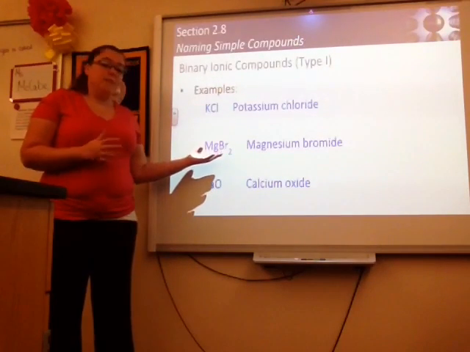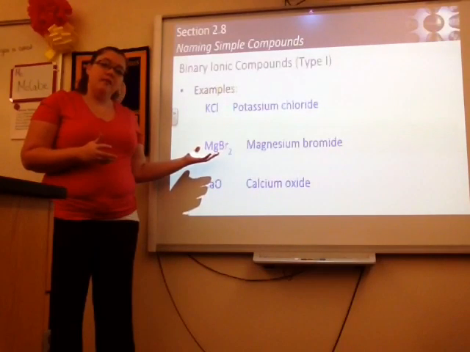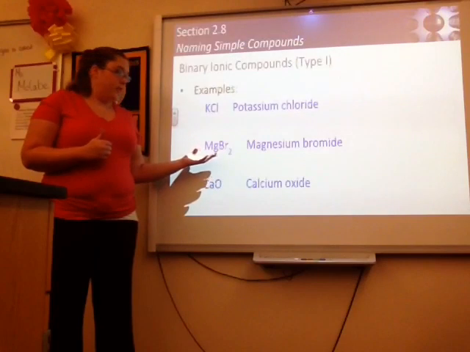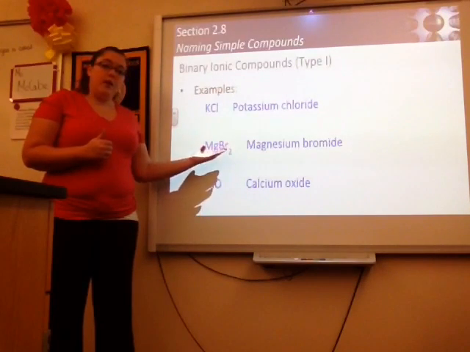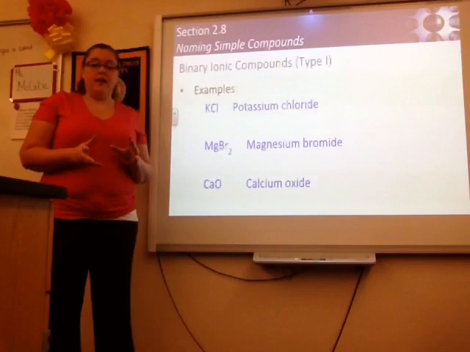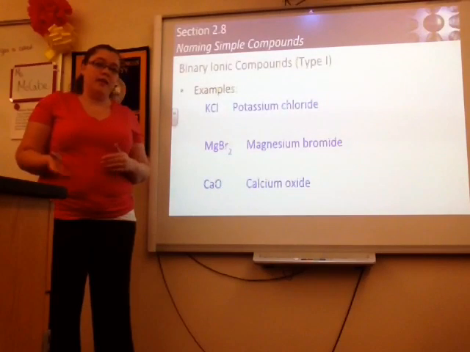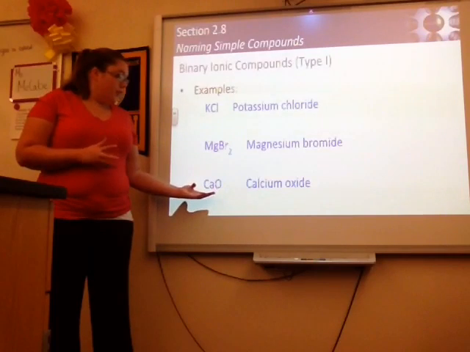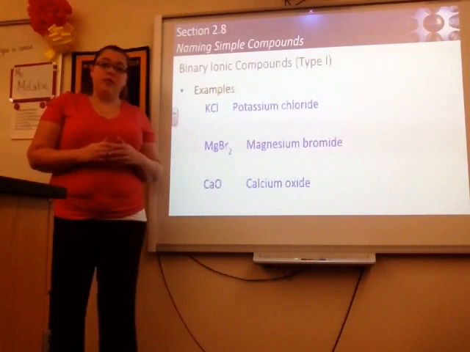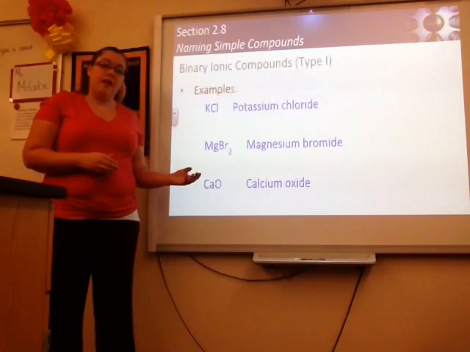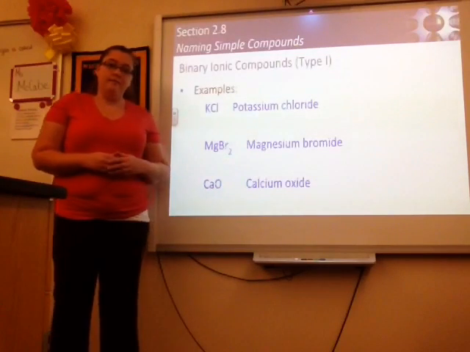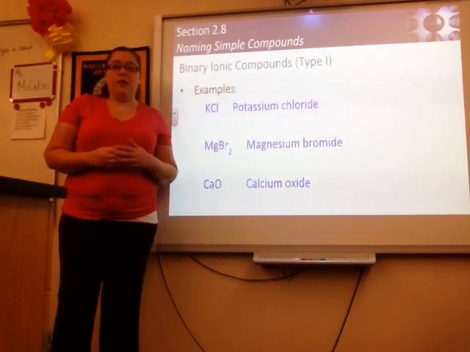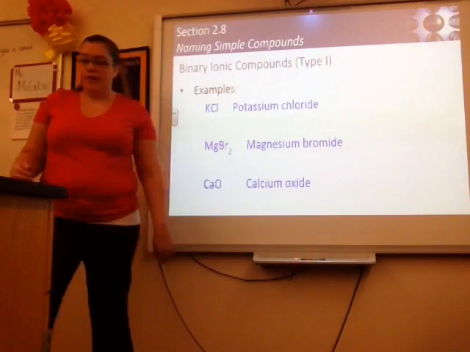It doesn't matter in your type 1s that there's more than one atom of an element here. We will get into that later with type 2 and type 3. Your third example is CaO. Calcium keeps its name, and then oxygen turns to oxide. Those are your metal-nonmetal, or binary ionic compounds, type 1.